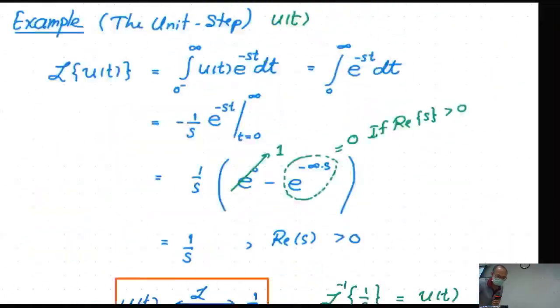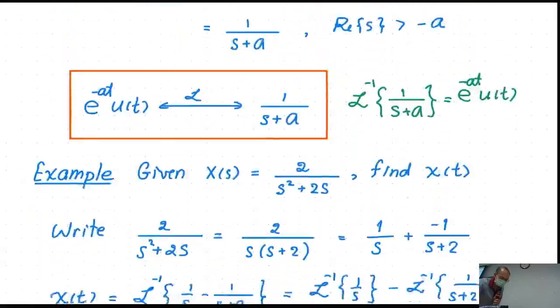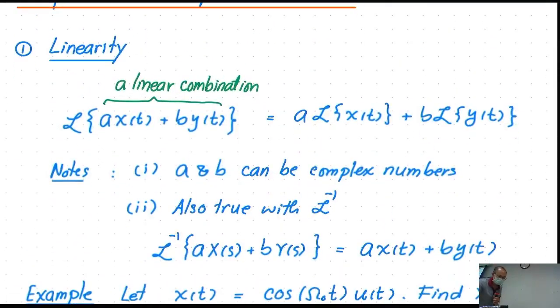Now, the first property of the Laplace transform is probably the most important property, and that is linearity. Linearity tells us that if we do the Laplace transform of a linear combination of two signals, the result is just the linear combination of the Laplace transforms of those signals.